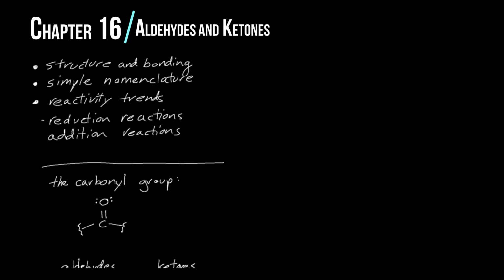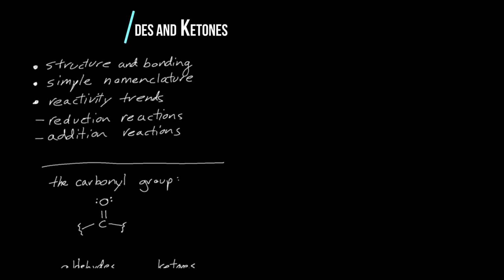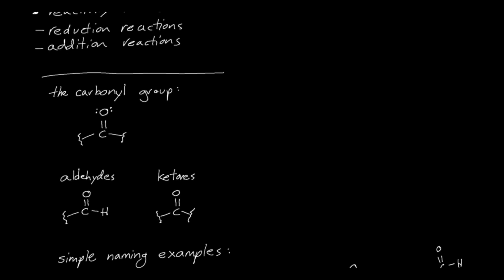Then really we're just going to focus on two areas of reaction out of the chapter, not all of the reactions in the chapter by far, but the reduction reaction and addition reactions, which I'm going to expand on only very slightly so that you can understand the concept of it and do less memorization, I think.